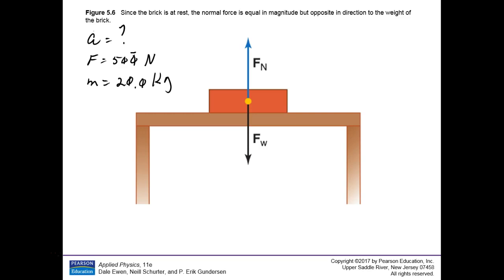Okay? Now, how do we solve that for acceleration? What's our base formula? Same one we used before. What was it? Force equal mass times acceleration. Now, you can do it either one of 2 ways. Solve this for acceleration, since that's the unknown here.